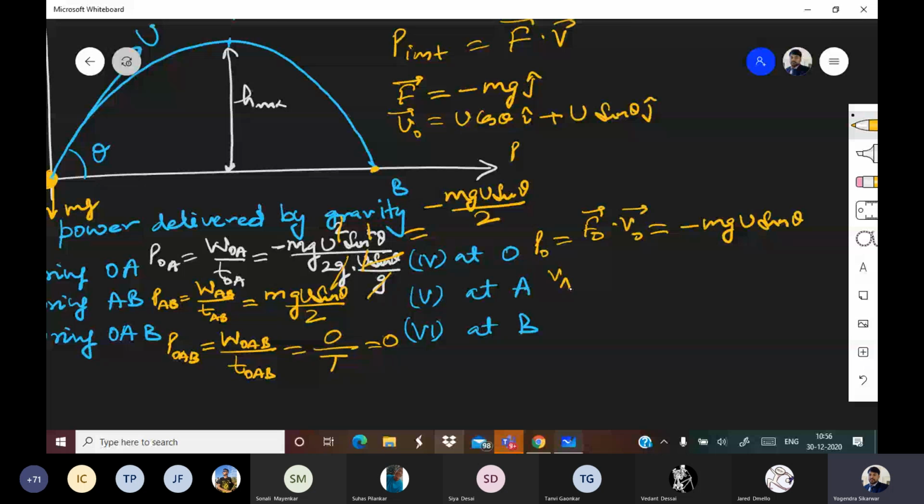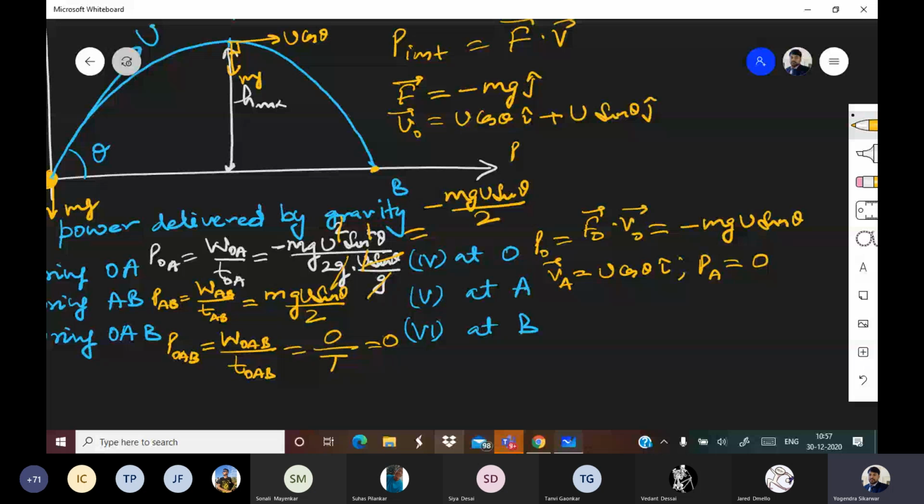And you can see at point A, mg is downward and velocity is horizontal. So the angle between them is 90 degrees. That's why the value is 0.